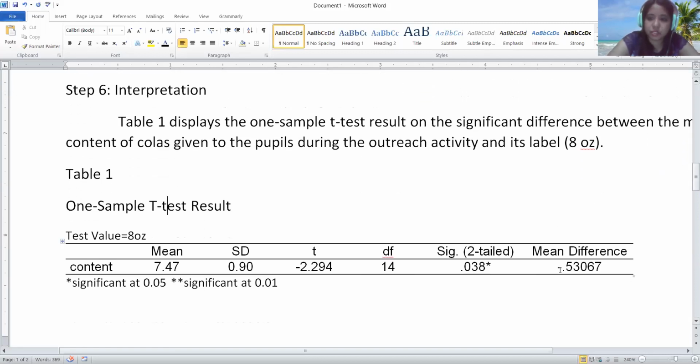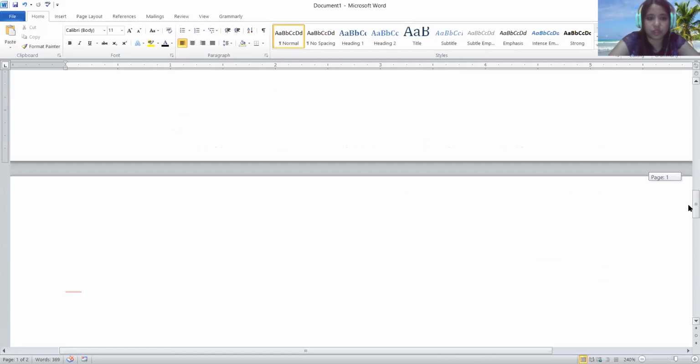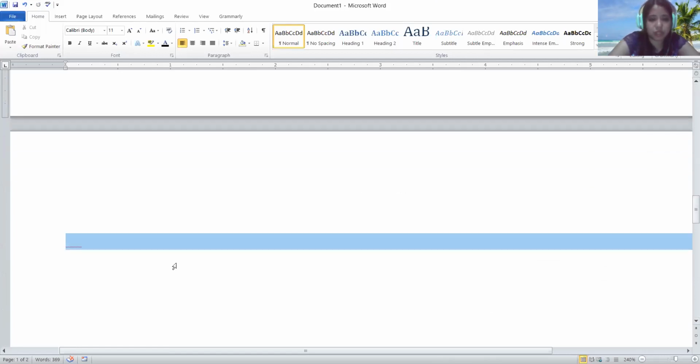Mean difference, so you can just deduct 8 minus 7.47. So that's, or it's negative because 7.47 less 8. So it's negative 0.53. So what is the interpretation of this?